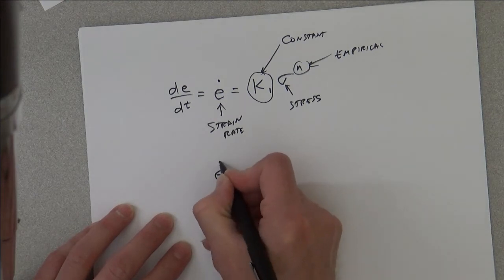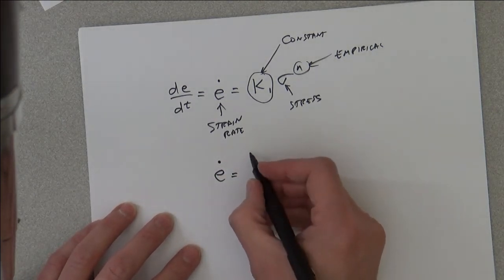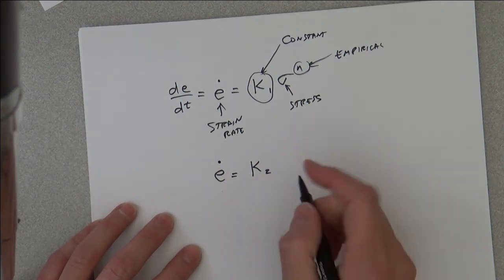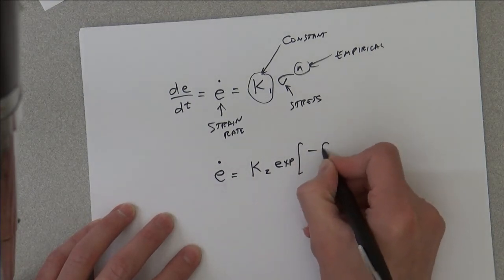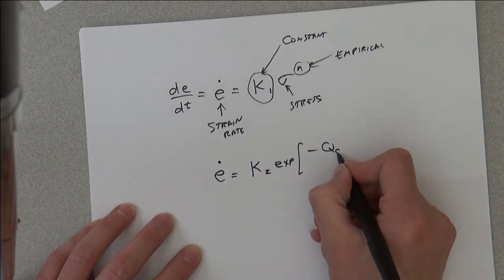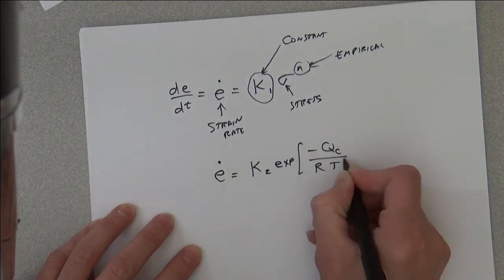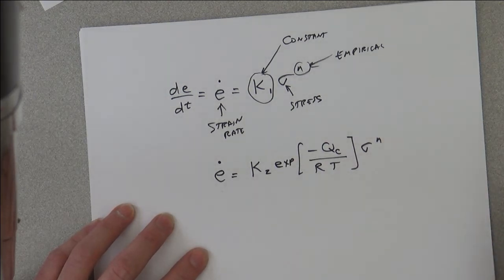And we can write another power law as K2, so that's just a second constant, exp negative Q, I'm going to call C for creep, over RT, sigma to the n.